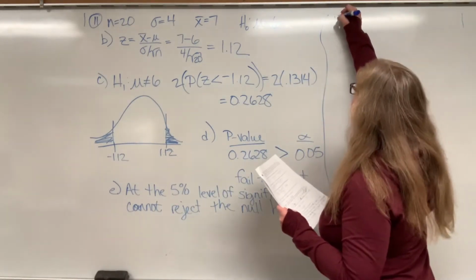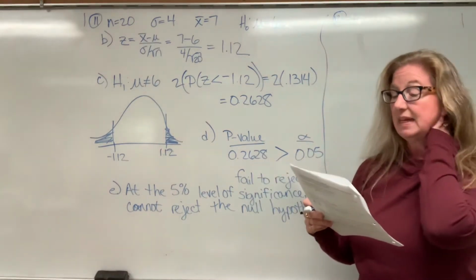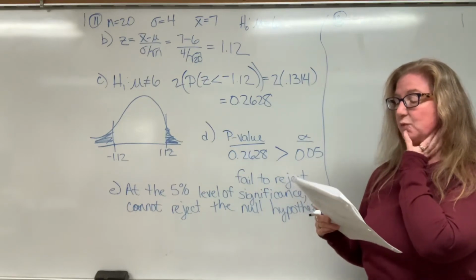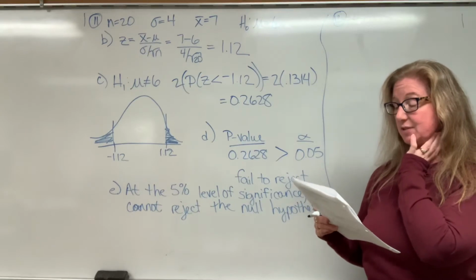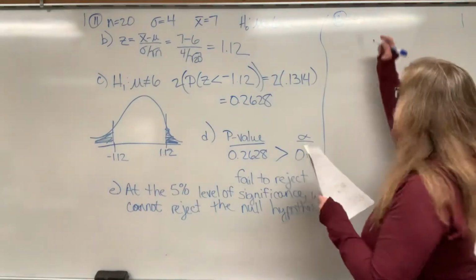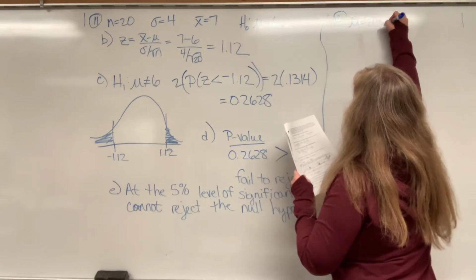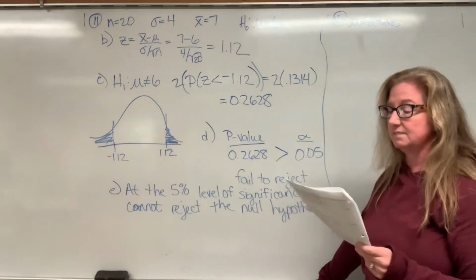So number 12 says Pyramid Lake is an Indian reservation in Nevada. The lake is famous for cutthroat trout. Suppose a friend tells you that the average length of trout caught in Pyramid Lake is mu equals 20 inches, right? You say, man, I can almost always get something that's about 20 inches long.